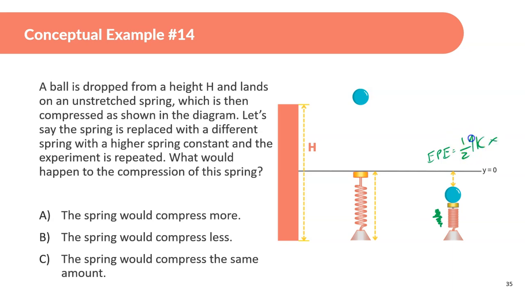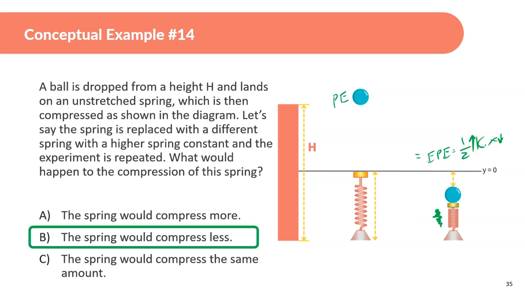This k is up because the spring constant is higher. But the potential energy getting converted to elastic potential energy is going to be the same. So if it's more stiff, it won't compress as much. The compression will go down to counterbalance. So the spring would compress less.